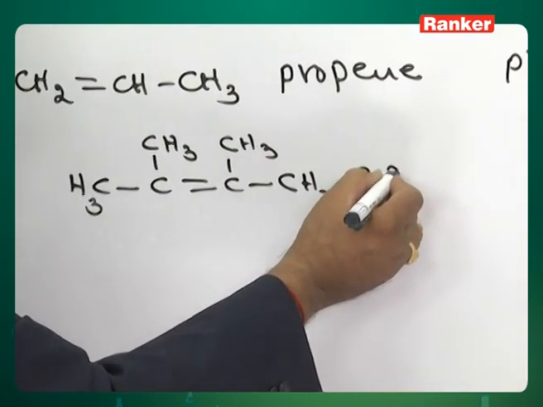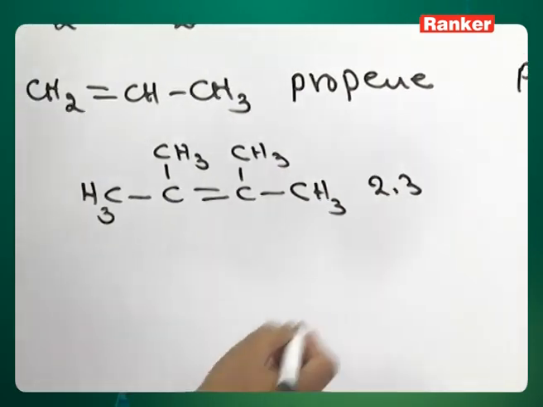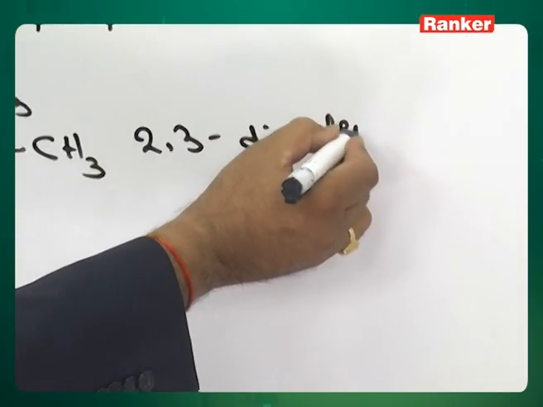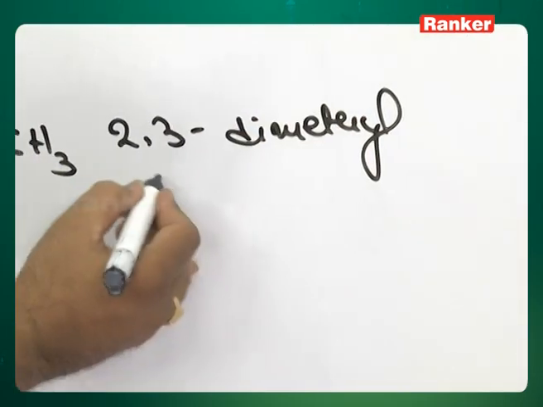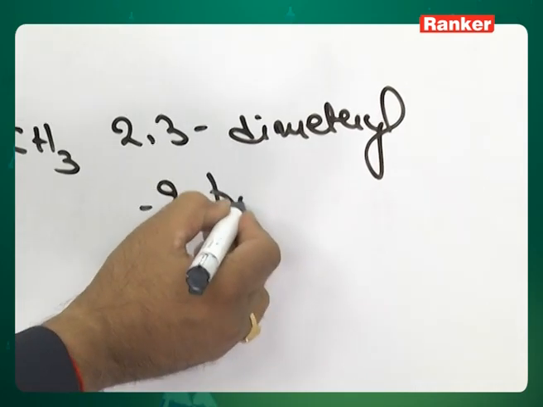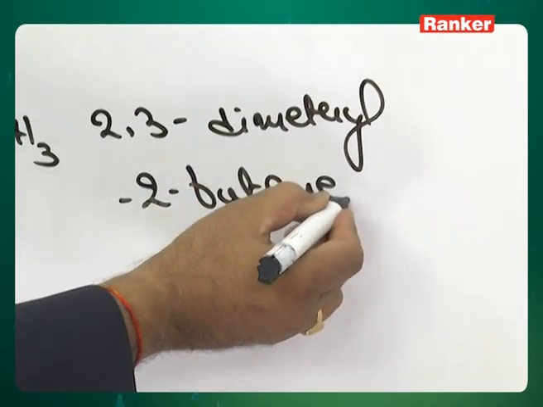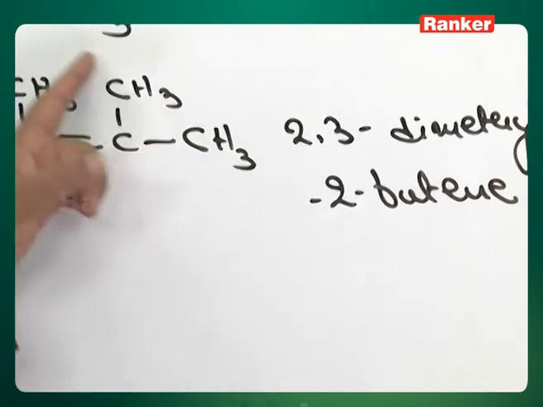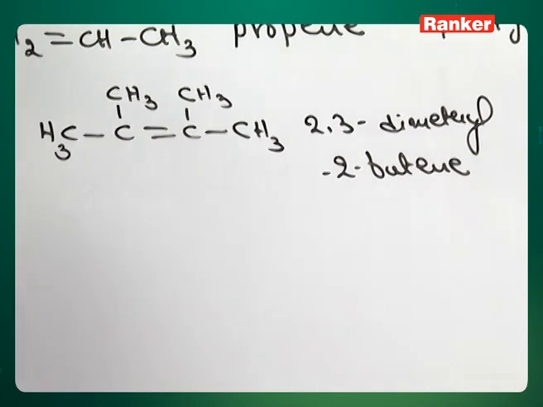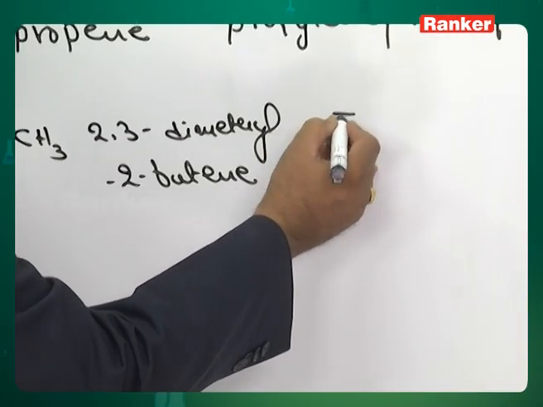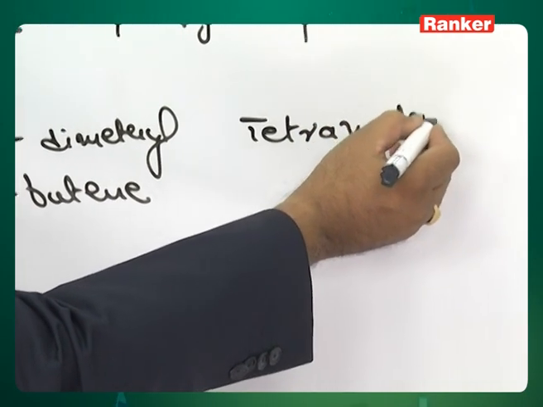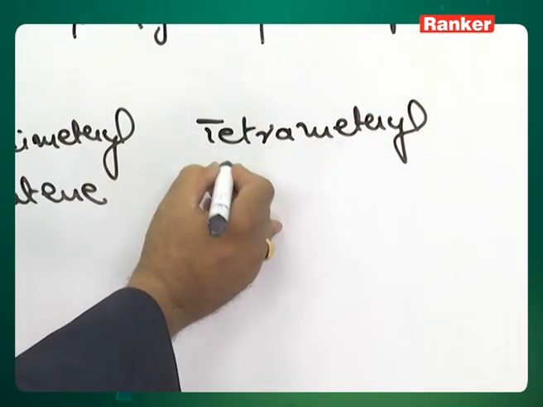One is at the second, one is at the third carbon. So, you call it 2,3-dimethyl-2-butene, or commonly, this middle part is ethylene and all four are methyls. So, you may call the common name tetramethylethylene.